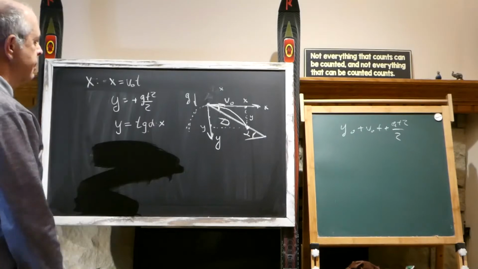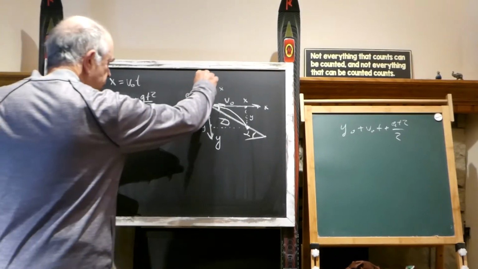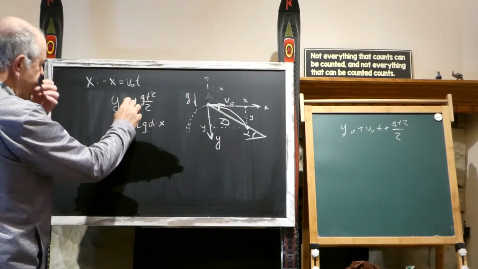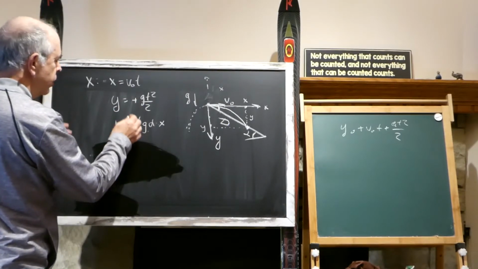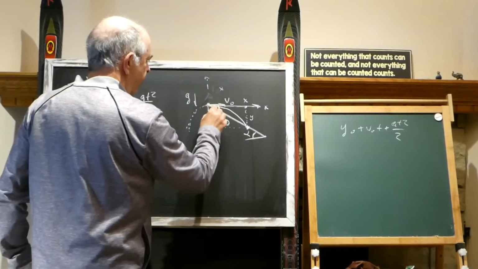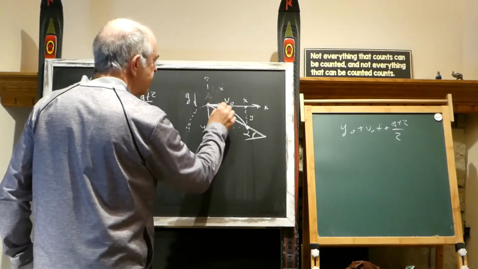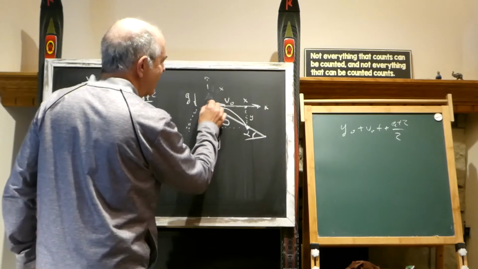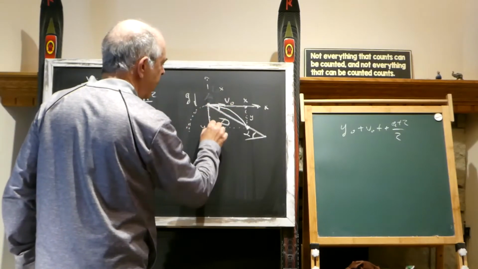Of course, if I would draw it like this, then this would be negative, and here would be negative. It would be two negatives, because it's positive only because this direction is this way. So as x grows, y grows.